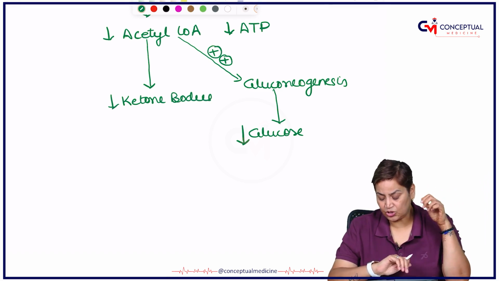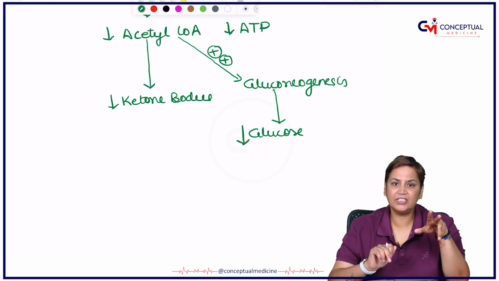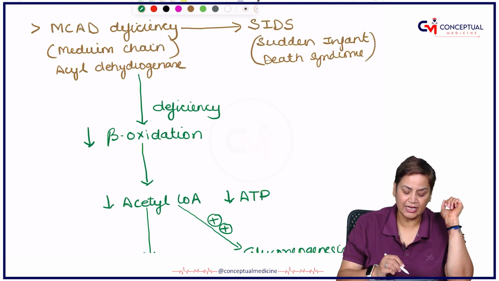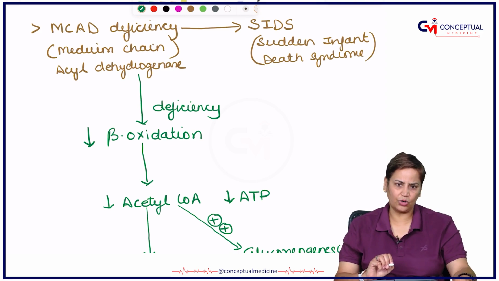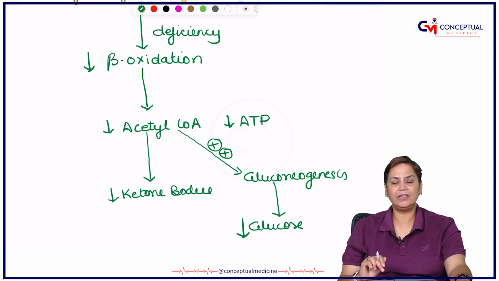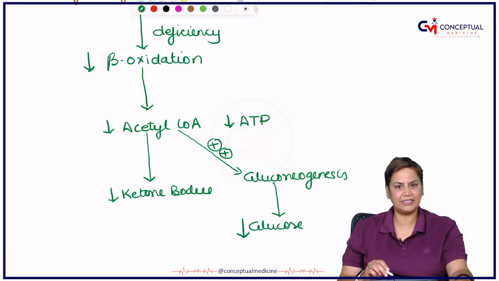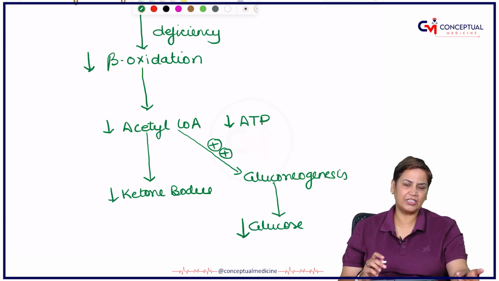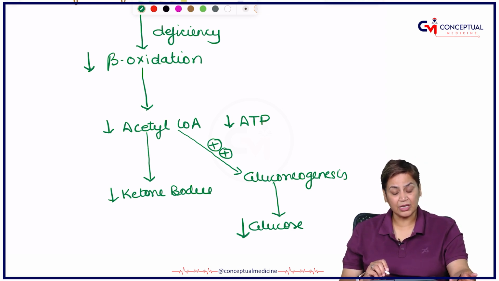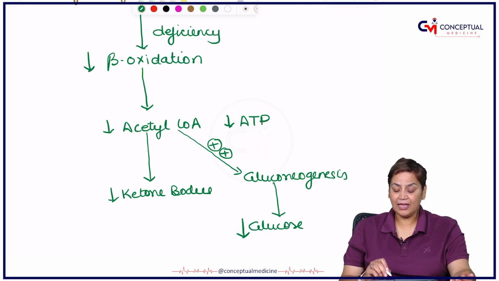So many things will occur when a child is born with a deficiency of medium chain acyl dehydrogenase. Beta oxidation will be impaired, so there will be decreased acetyl coenzyme A. The sources which can give energy are the ketone bodies, but ketone bodies are produced from acetyl coenzyme A, which will also not be produced. Acetyl coenzyme A can also accelerate gluconeogenesis, which can form glucose, but this reaction will also be hampered.